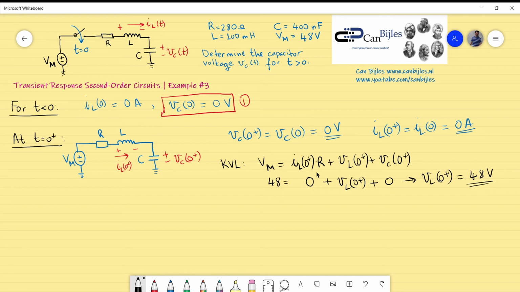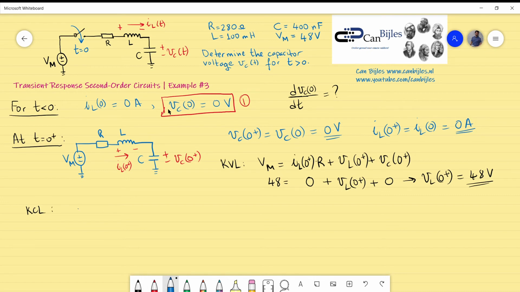What we of course require is the initial value for the capacitor voltage and also the derivative of the capacitor voltage evaluated at 0. To determine that, I can use the Kirchhoff current law, which is very simple here.